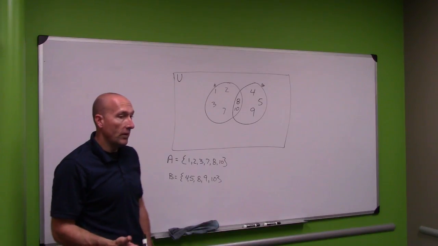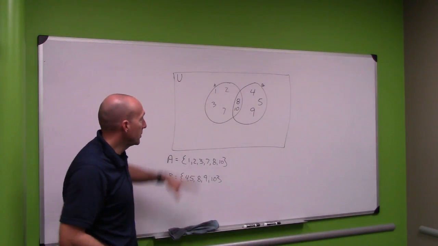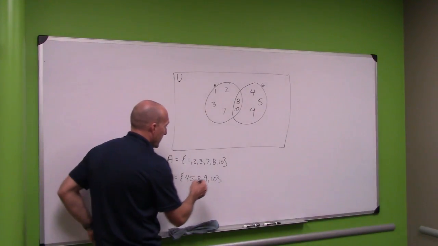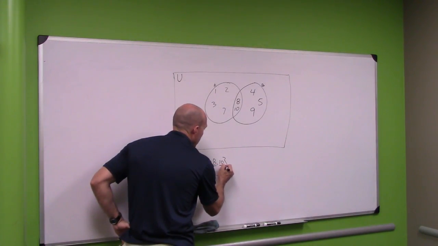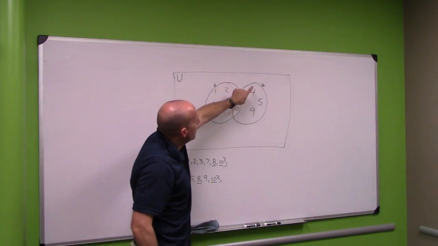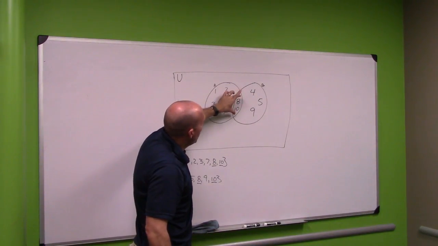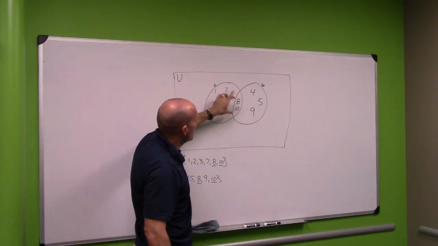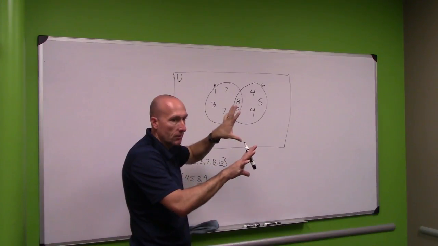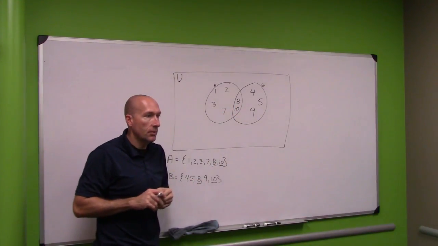So two different ways to talk about these two: you can draw a picture, or you can list them out like this. Now what's interesting is both of these share 8 and 10. So whenever we draw it, we have to overlap those circles so that it shows they're sharing it, as opposed to writing 8 and 10 on this one and 8 and 10 on this one and keeping the circles separate. Does that make sense to everyone?